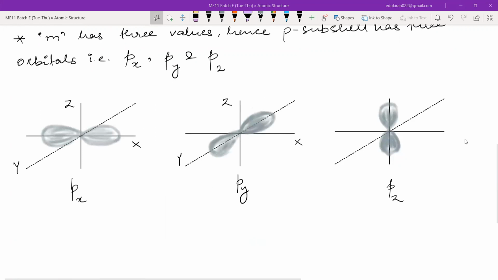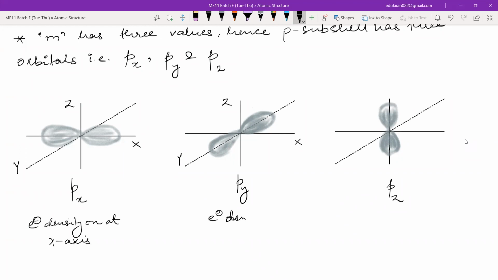Now, as we can see, the px, the py, and the pz, all these 3 orbitals have electron density in a certain direction, right? So px has electron density only at the x-axis. This has electron density only at the y-axis. This has electron density only at the z-axis.